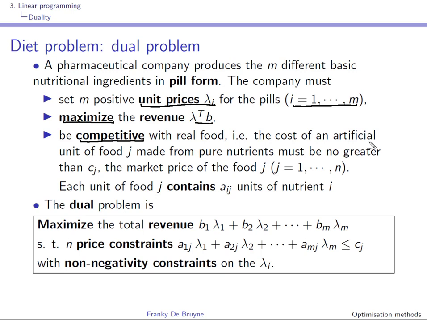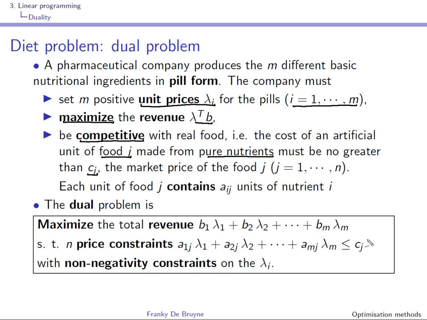The cost of an artificial unit of food j made from pure nutrients in pill form must be not greater than Cj, the price of this food on the market, right?